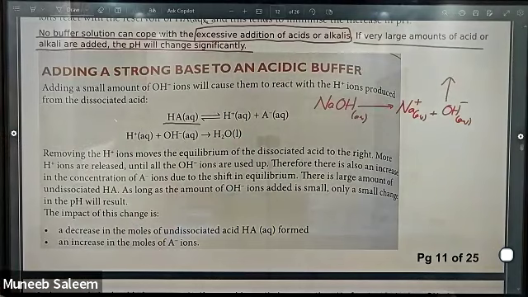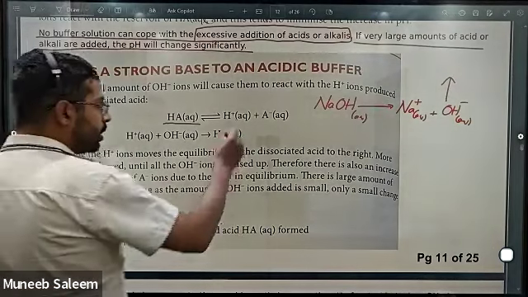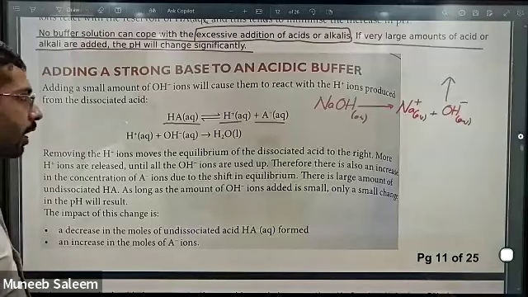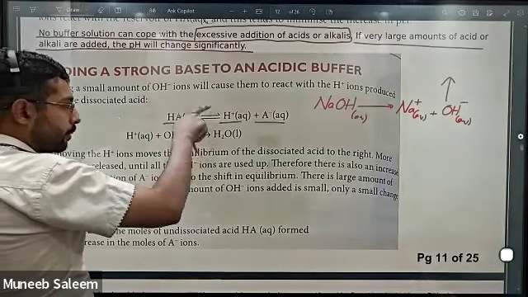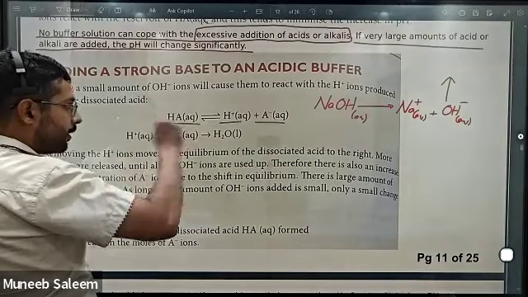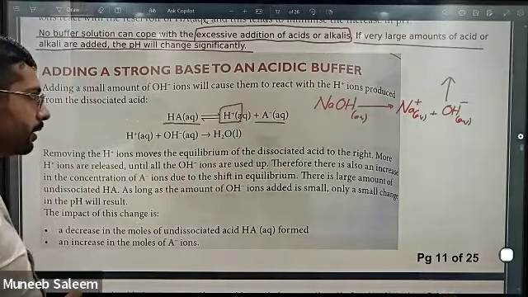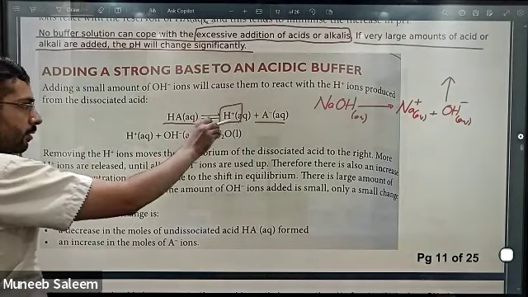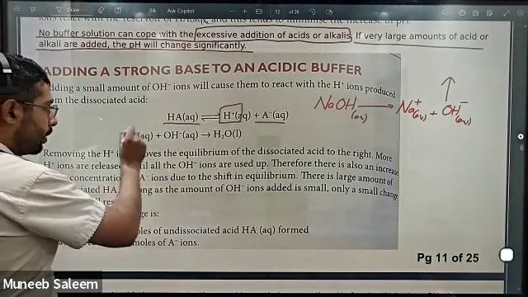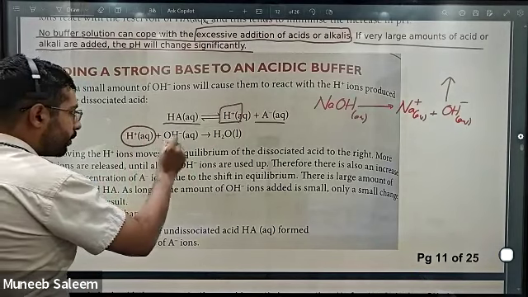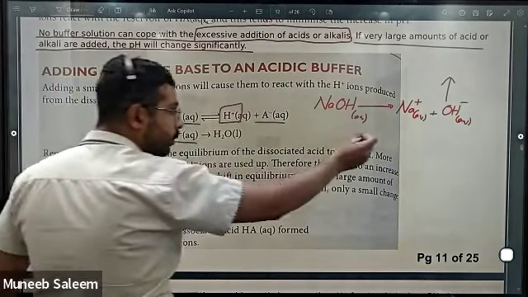We remember that the weak acid was dissociated into hydrogen ions and A negative ions. Although the amount of H ions provided by the weak acid is very small, the same hydrogen ions now play their role by reacting with the hydroxide ions coming from the NaOH.